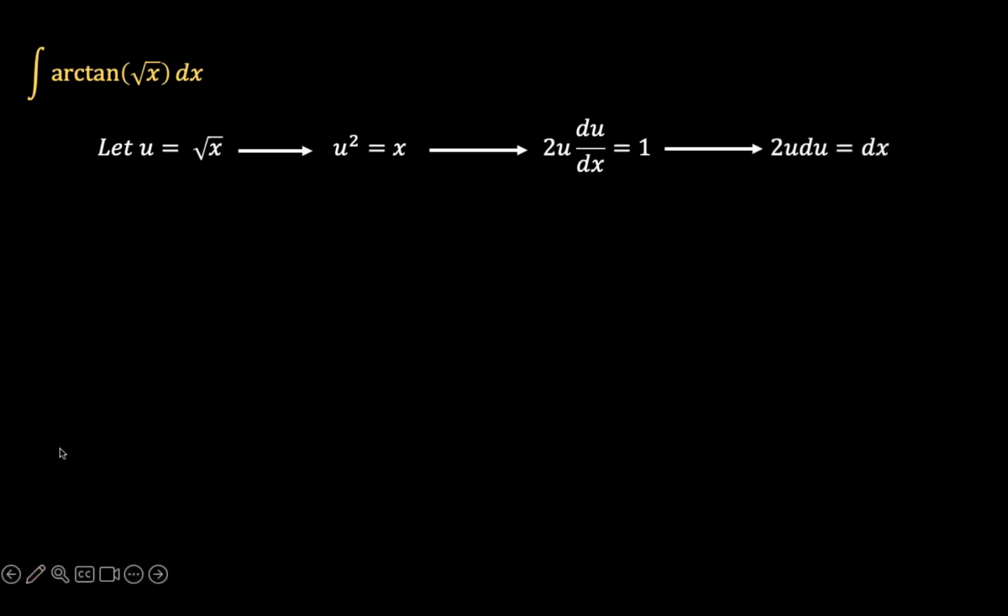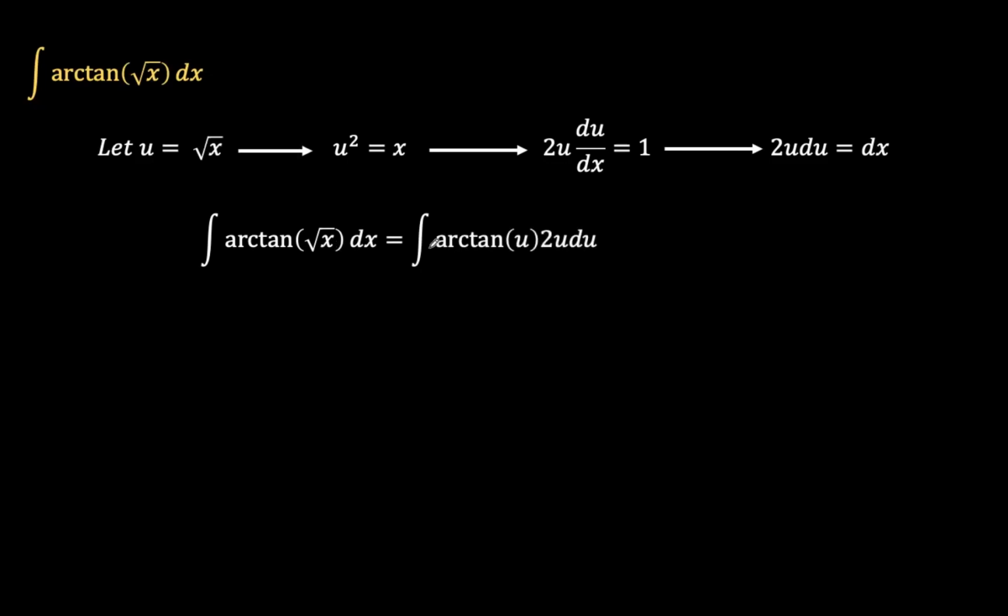That comes from multiplying by dx on both sides, left and right. So now the integral of arctangent of square root of x is the same as arctangent, where in place of square root of x we have u, and in place of dx we have 2u du. We can pull out the constant, so we have the integral of u arctangent of u.